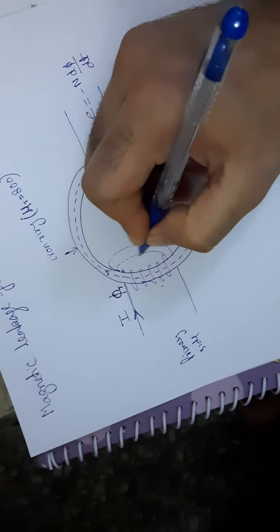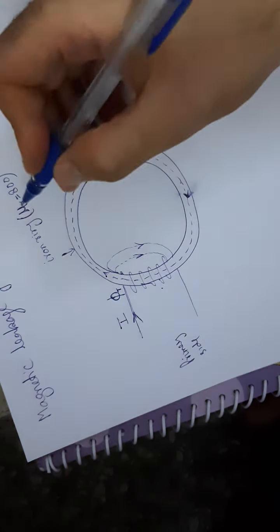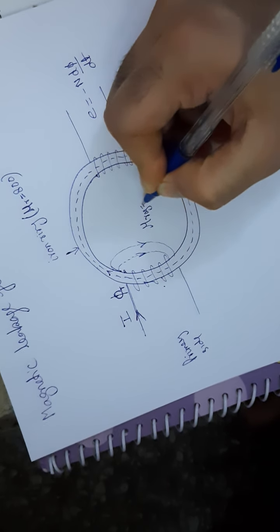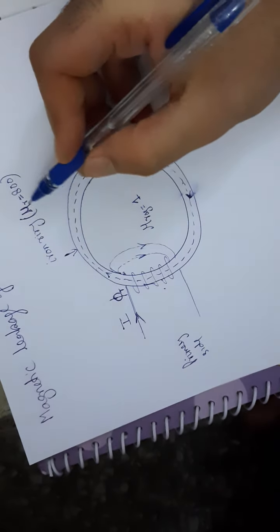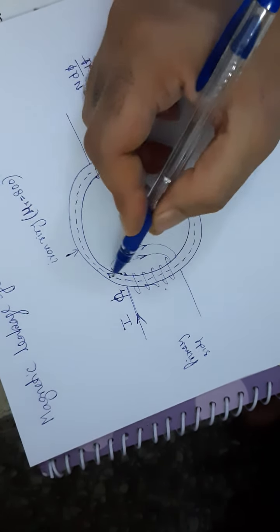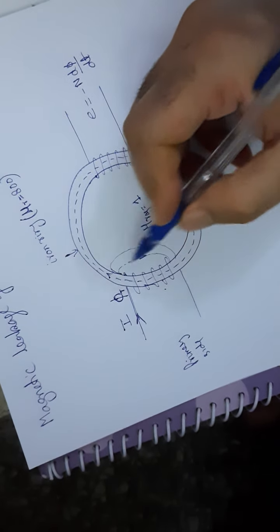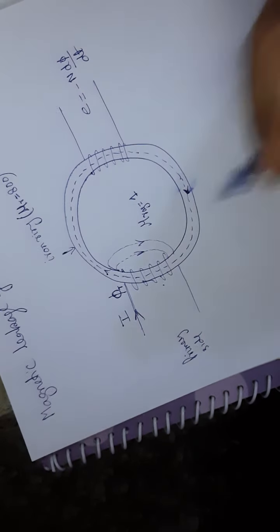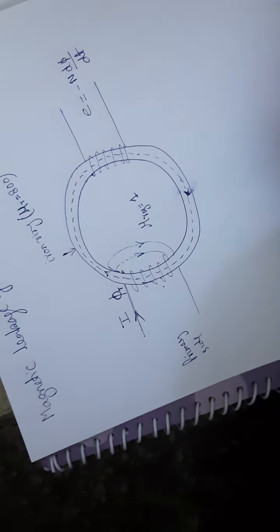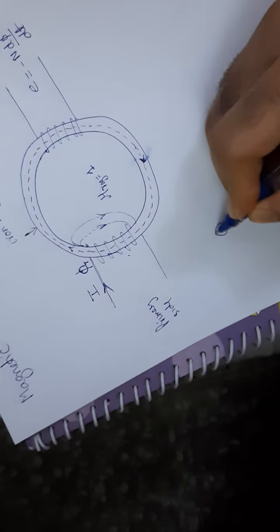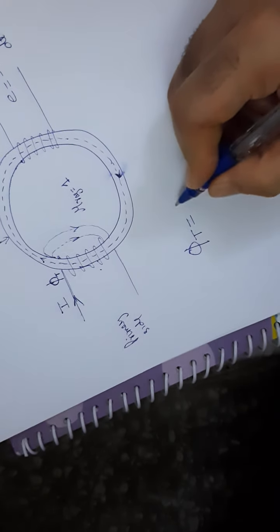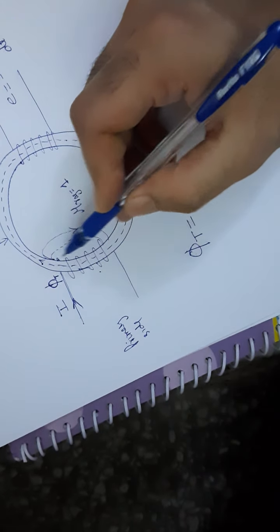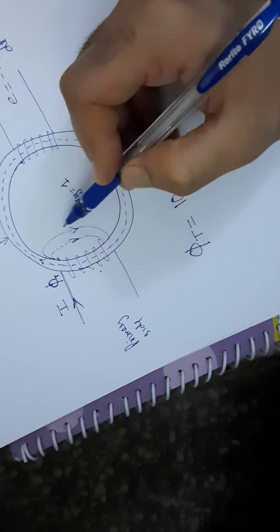Because you know that mu for air is nothing but only 1, and mu for iron is 800, more flux will flow through iron and very little flux will flow through the air gap, but some flux will definitely flow through the air gap. Suppose phi total is 10 Weber.